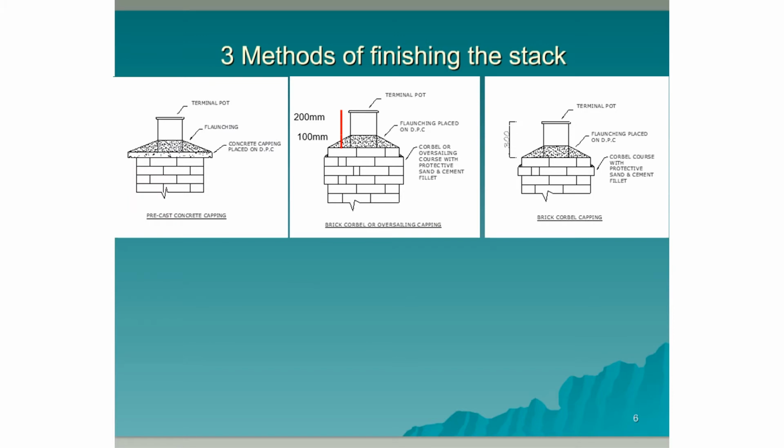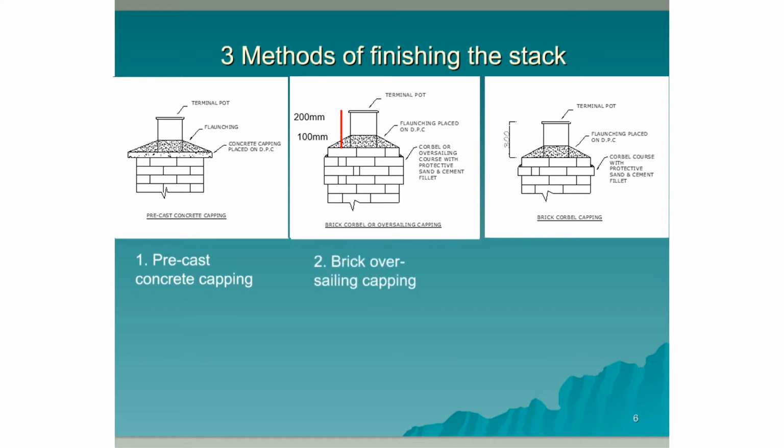3 methods of finishing a chimney stack. The first one there is using a precast concrete capping, which is flat, and then flanging on top of it. Note, the concrete capping has a throat drip underneath on the underside of it.